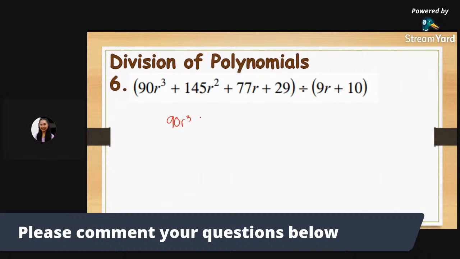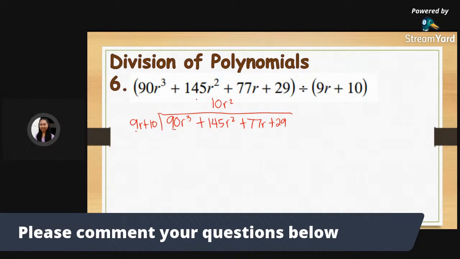90r cubed plus 145r squared plus 77r plus 29 divided by 9r plus 10. So, just consider the first terms first. 9r cubed divided by 9r, we have 10r squared.